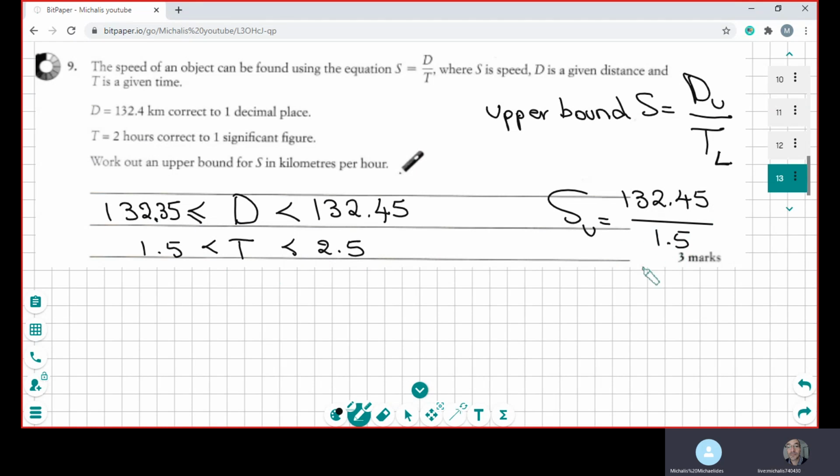Doing these calculations gives you the upper bound of speed. So it's 132.45 divided by 1.5. This gives you 88.3 kilometers per hour. So this answer here will be 88.3 kilometers per hour. And this completes the question.